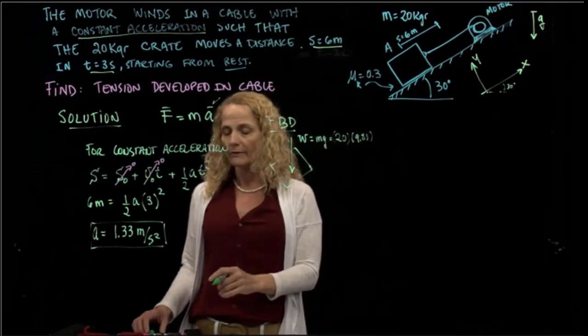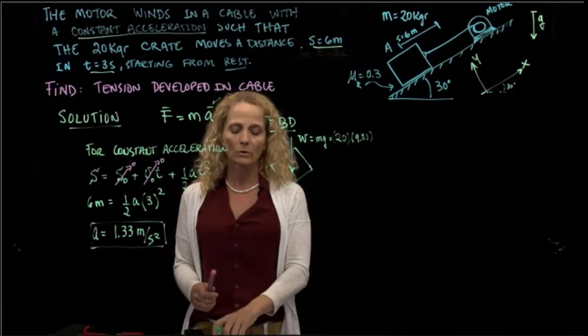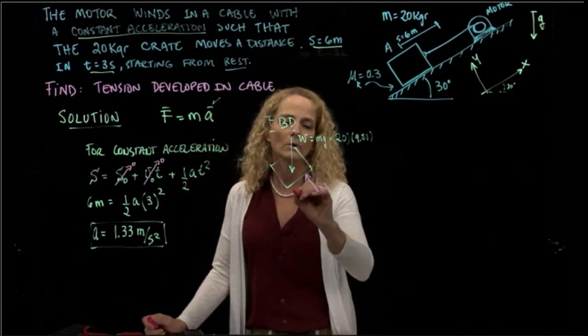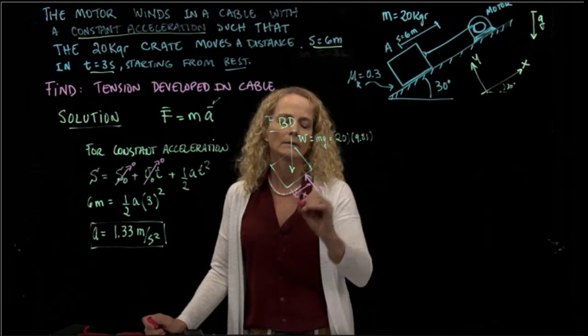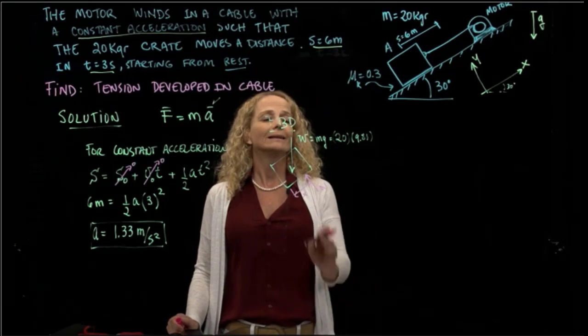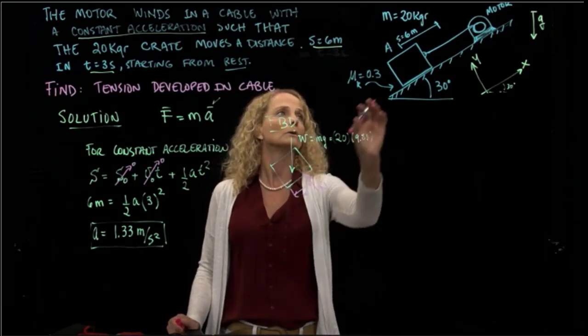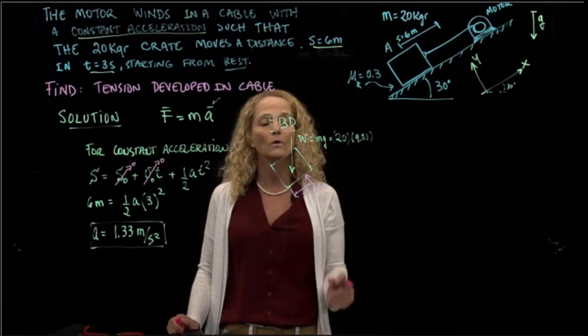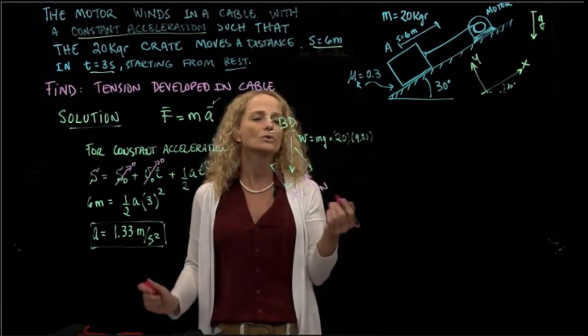Then I have a normal force. The normal force is an unknown, and I do not know where it is located, not necessarily in the middle of my body. And then the body moves upwards, so I have a friction force that opposes that motion.